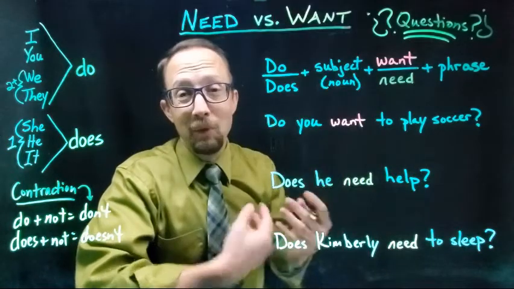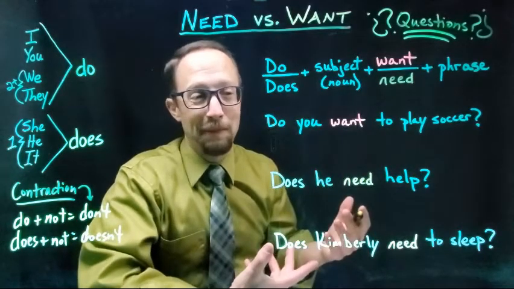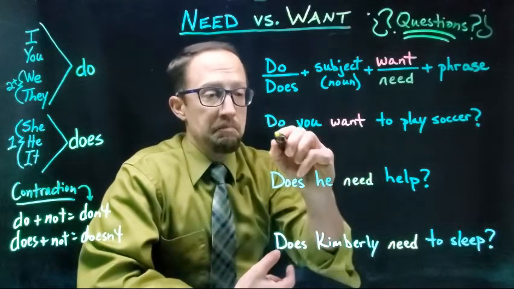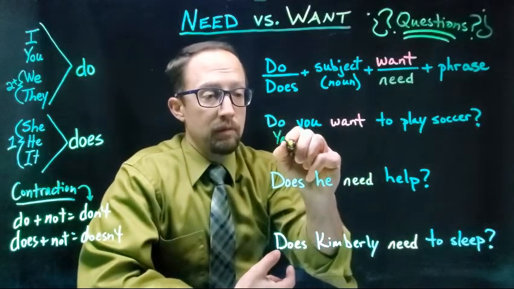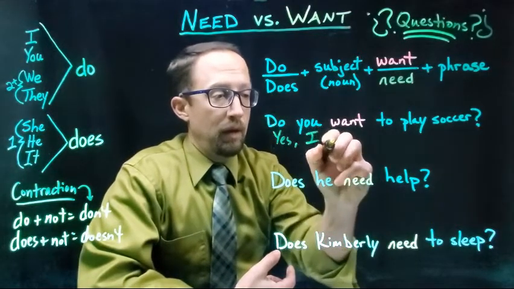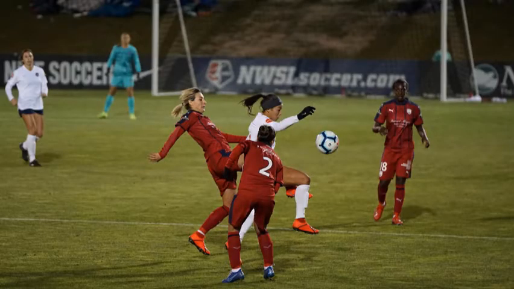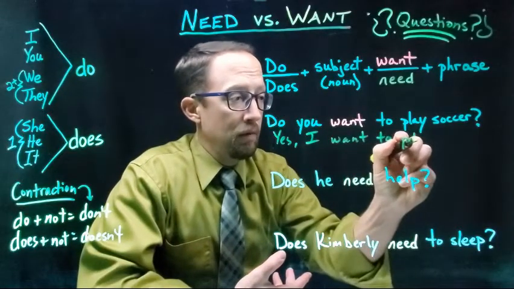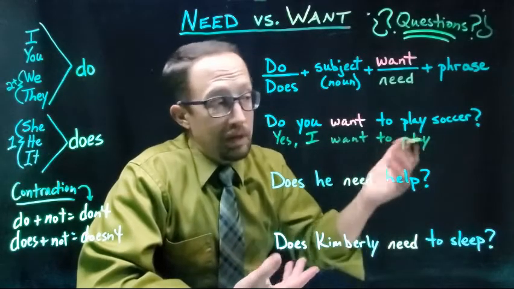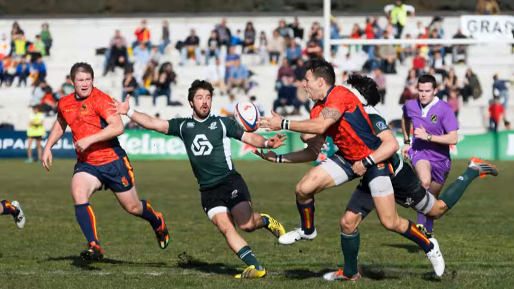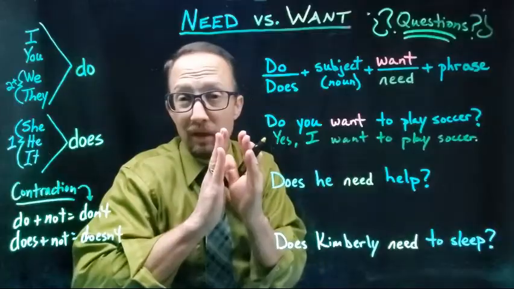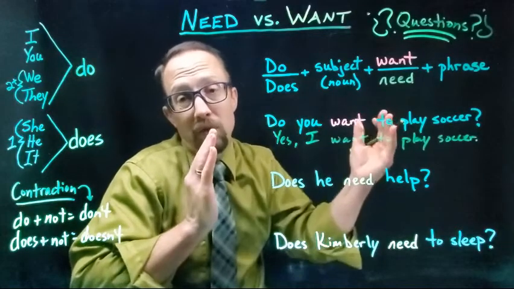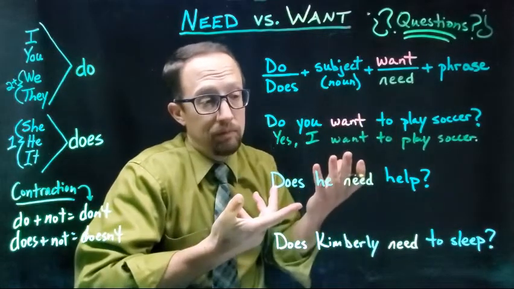There are many ways to answer. You might say, yes, I want to play. You could just say yes. You can say, I want to play. You can also say, yes, I want to play soccer. A little is okay, or the whole thing is okay also.